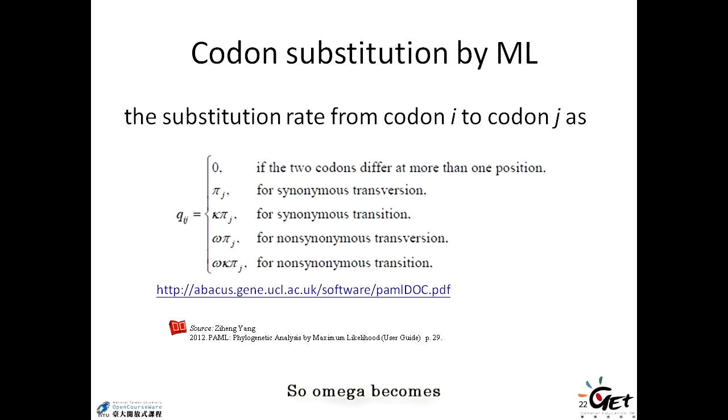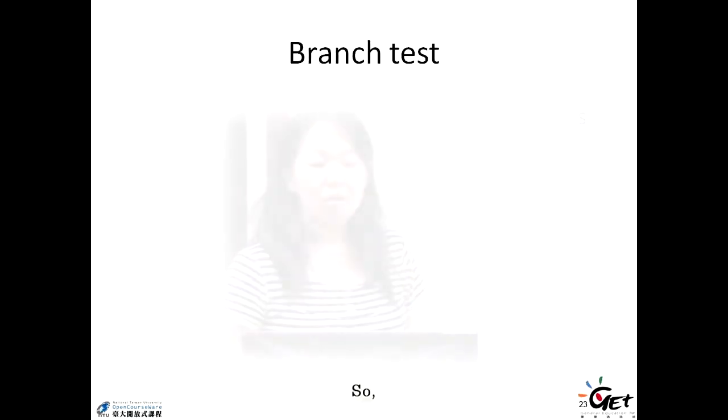So omega is a parameter equal to dN over dS. Then pi here is the equilibrium frequency of the codon, which is estimated from the data. And you will have a set of parameters like this.